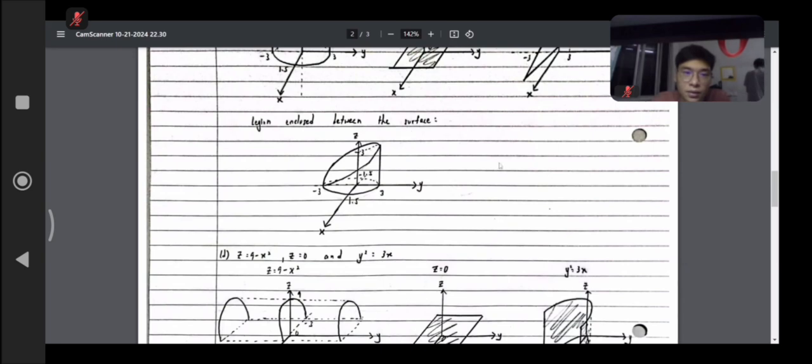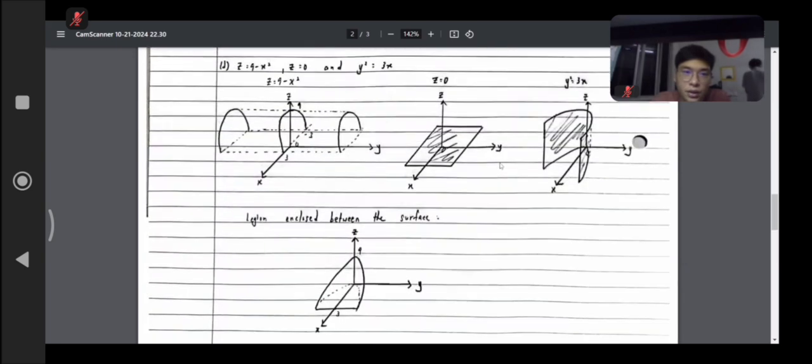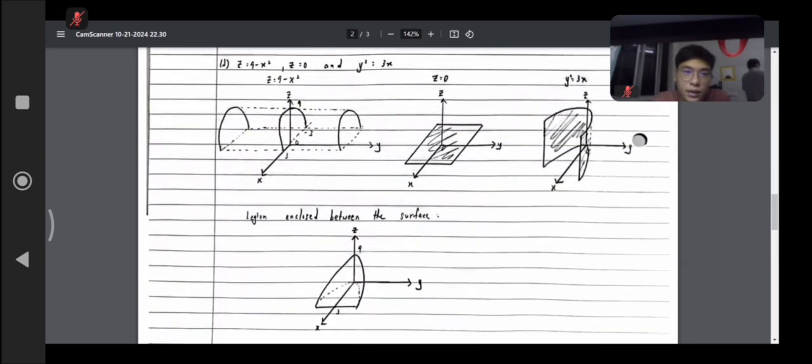For the fourth question, z equal to 9 minus x squared, z equal to 0, and y squared equal to 3x. The equation z equal to 9 minus x squared will become a parabola in the 2D graph, and in the 3D graph it will become like this.